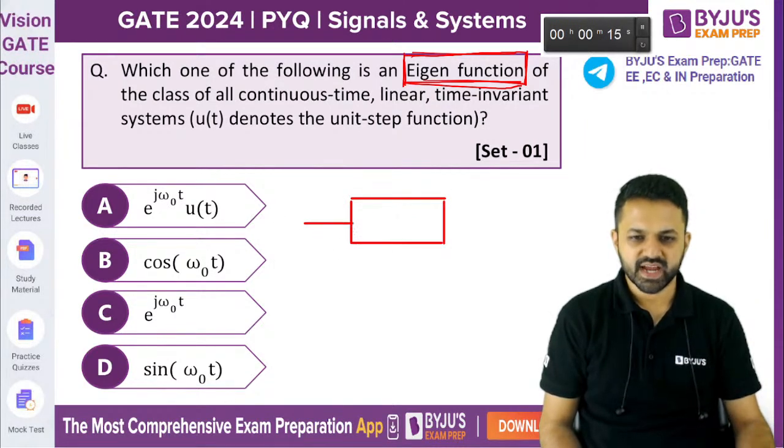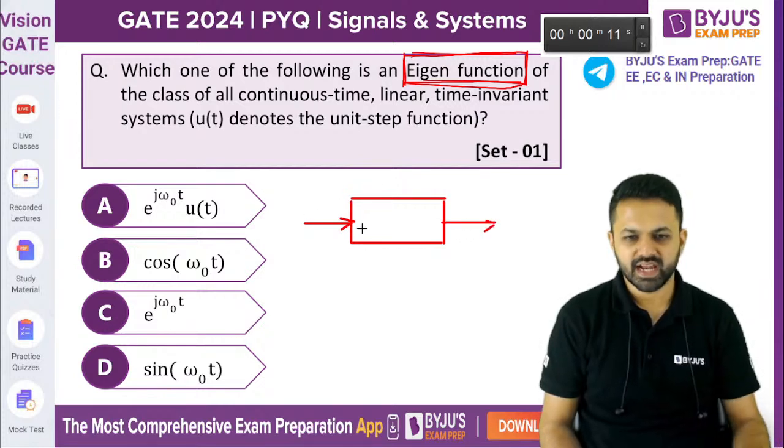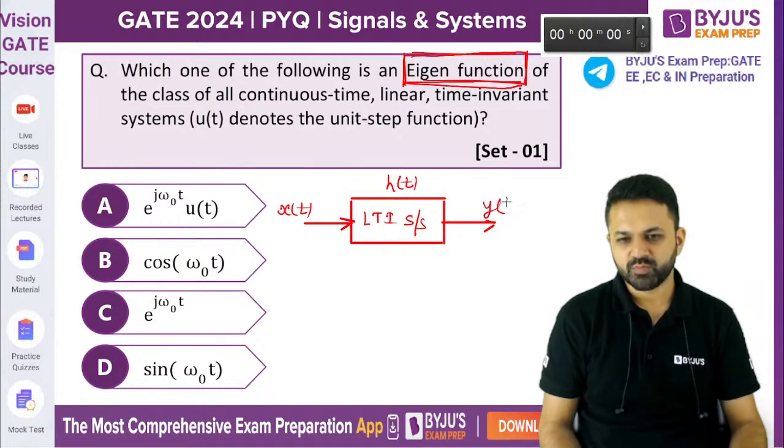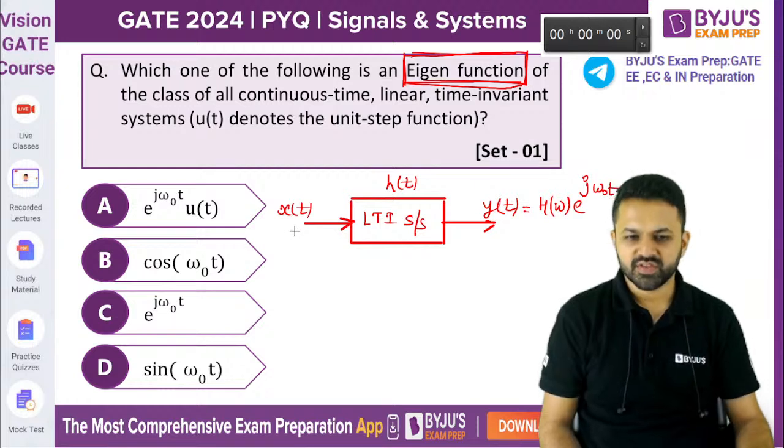So here we say that if there is an LTI system and input, and here the h of t is given, then the output you can directly calculate by calculating h of omega e to the power j omega naught t, if the input is also exponential.